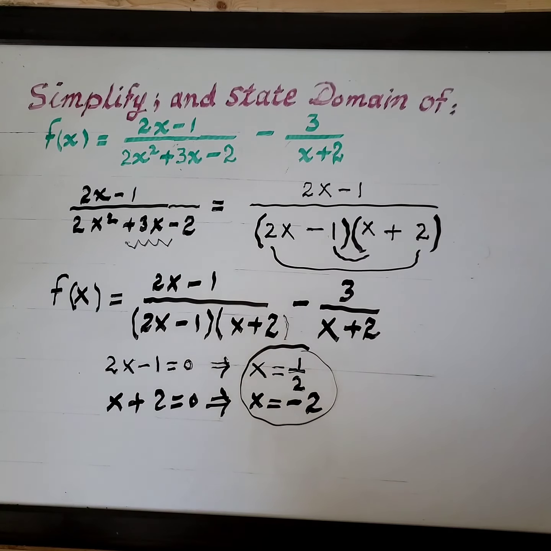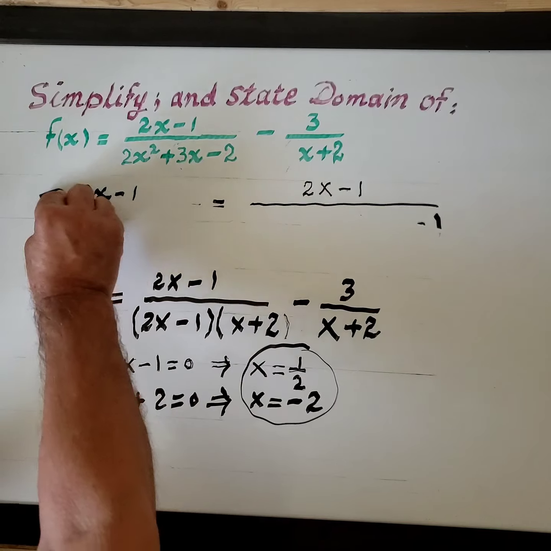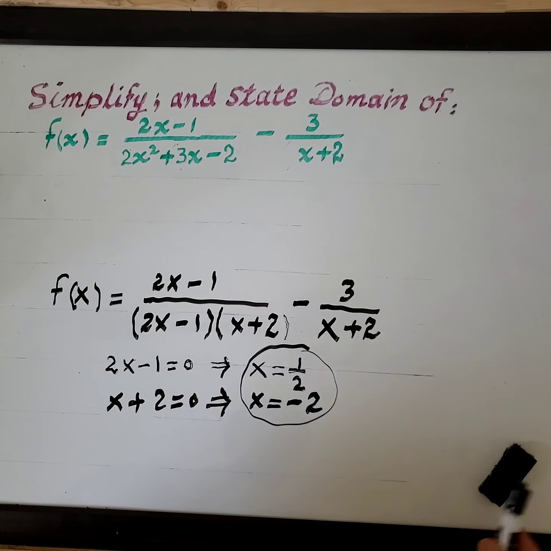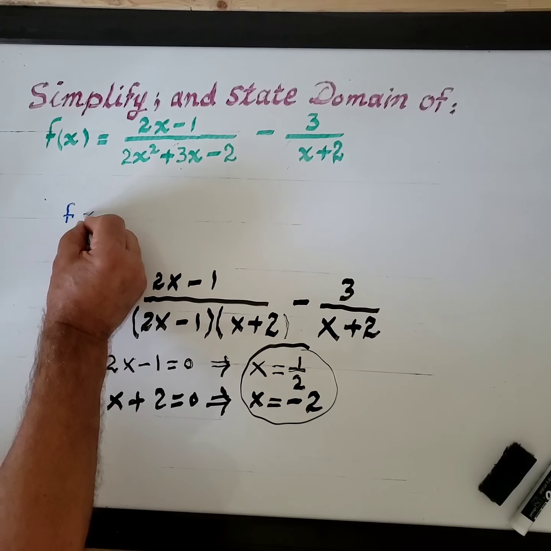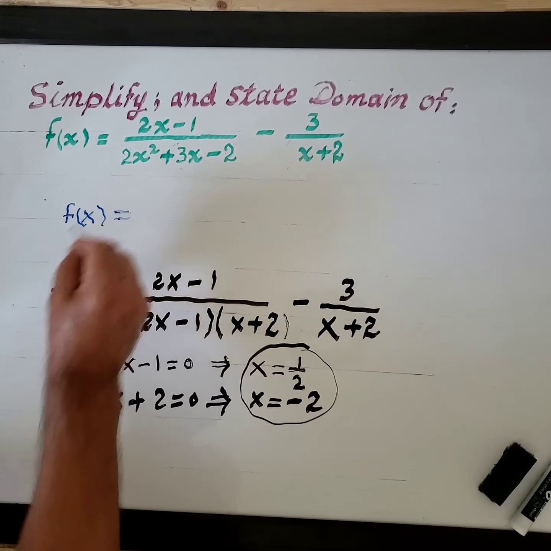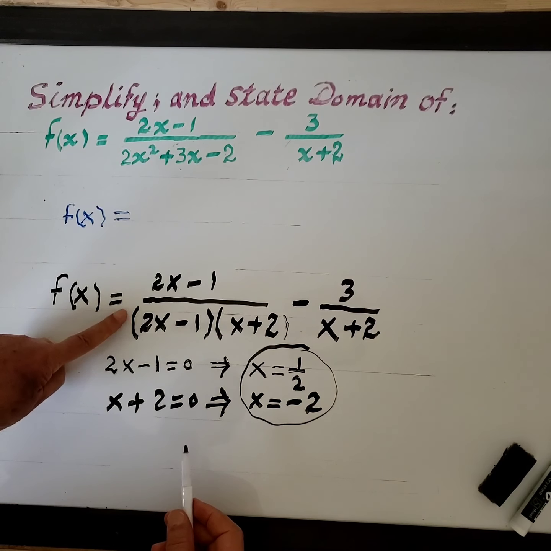So the new shape after this step will be, let me write it here in a different color. F of x is equal to this.